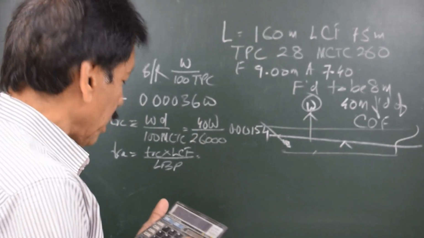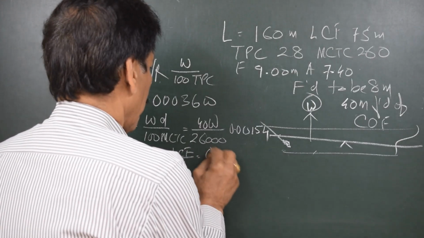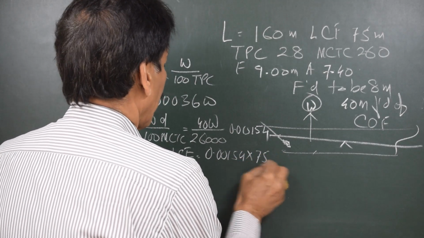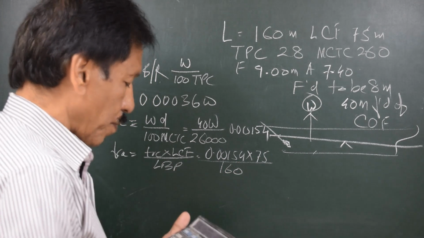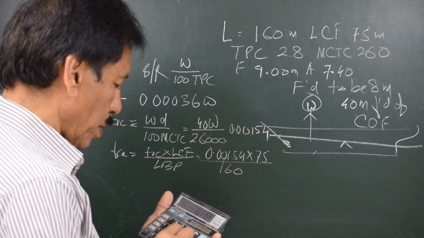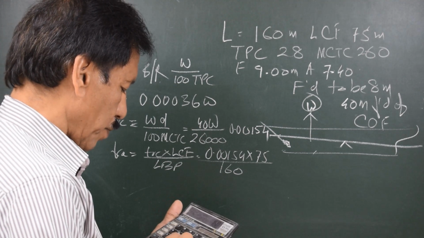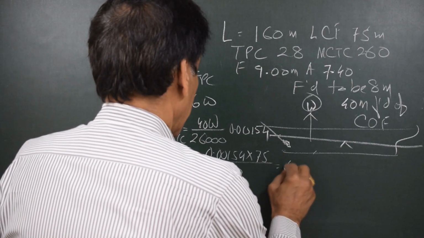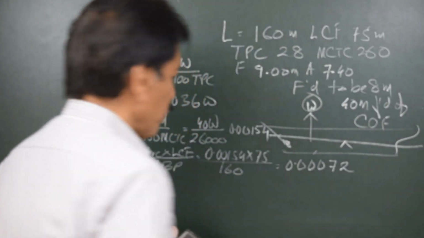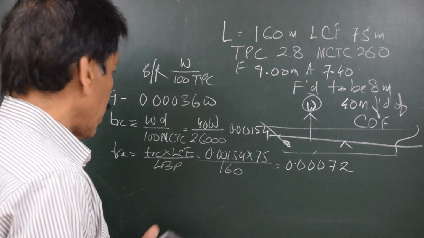So TRA is going to be 0.00154 into LCF 75 divided by 160. This gives me 0.00072 meters.